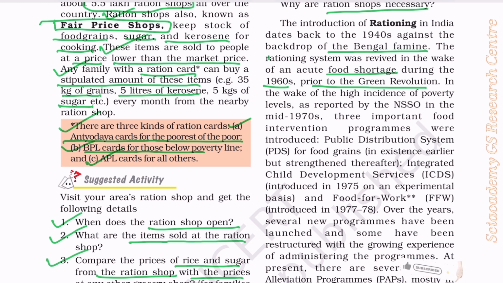In the wake of the high incidence of poverty levels as reported by the NSSO in the mid 1970s, three important food intervention programs were introduced: the public distribution system (PDS) for food grains, in existence earlier but strengthened thereafter; Integrated Child Development Services (ICDS), introduced in 1975 on an experimental basis; and Food for Work (FFW), introduced in 1977 to 1978.